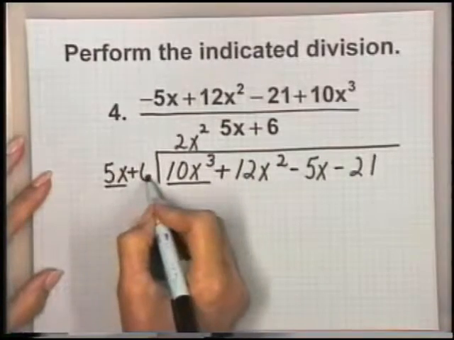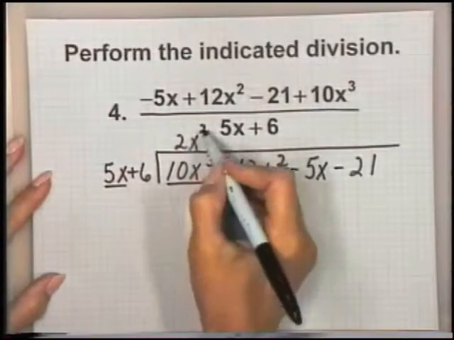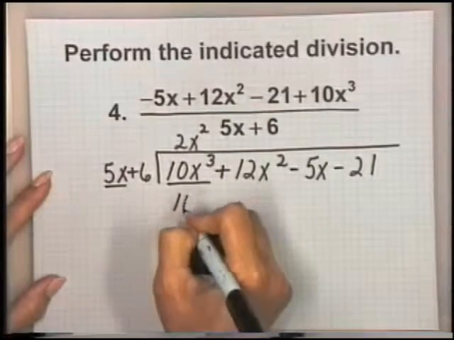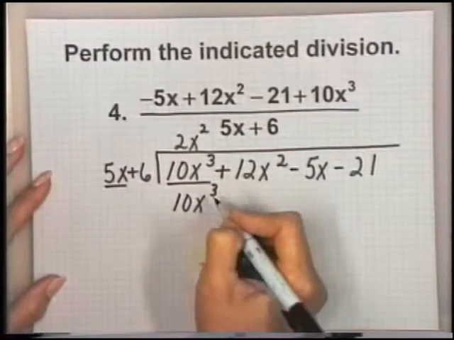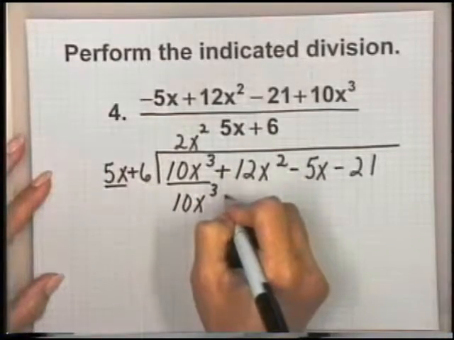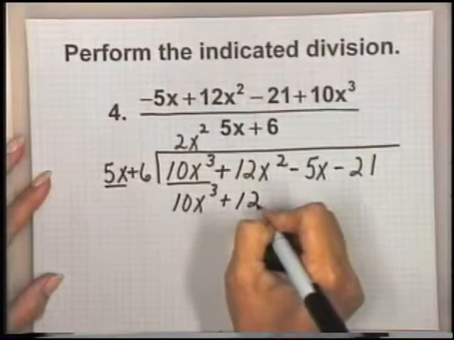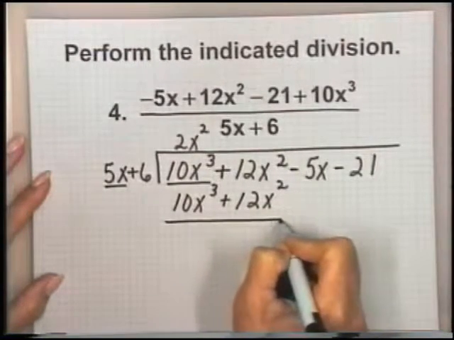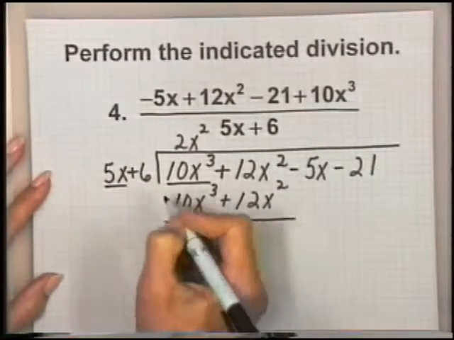Next, we multiply the 2x squared times the 5x plus 6. 2x squared times 5x is 10x cubed. I must write that in the x cubed column. 2x squared times 6 is a positive 12x squared. I must write that in the x squared column because I know my next step is to subtract.